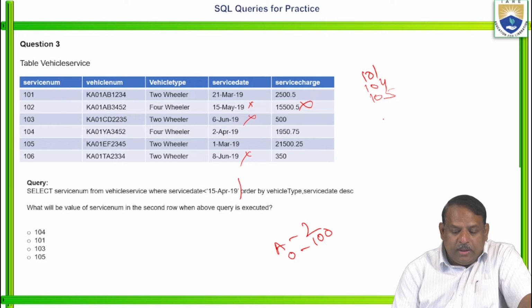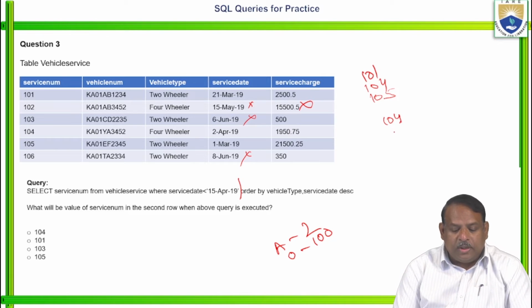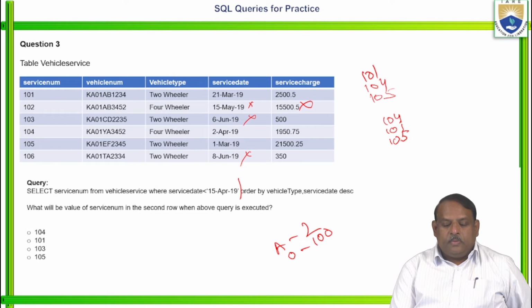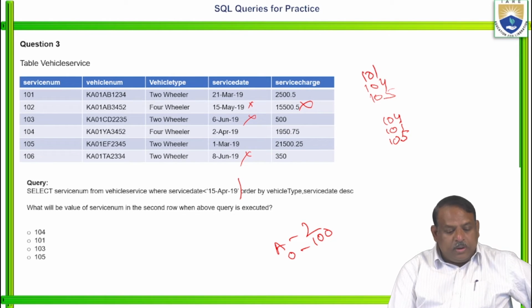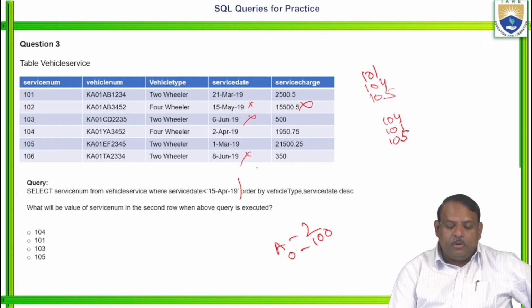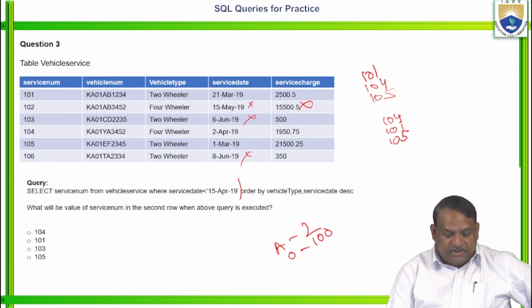So 104 will be first because it is a 4-wheeler. F comes before T, so 4-wheeler comes before 2-wheeler. So 104 will be the first record. The second record will be 101 or 105.